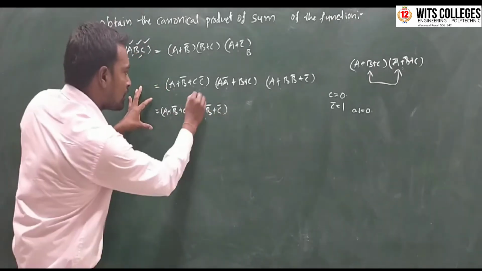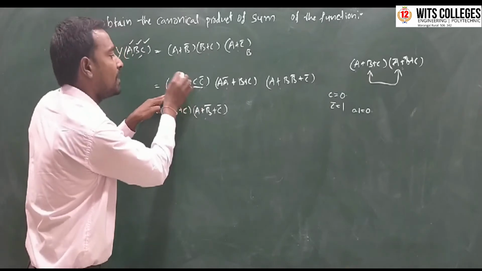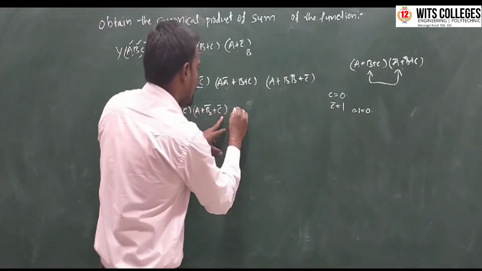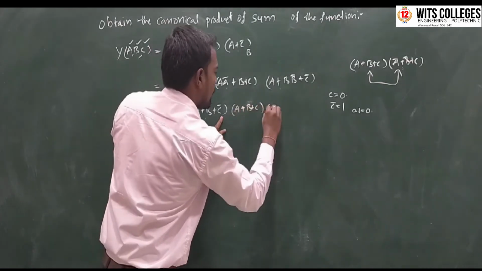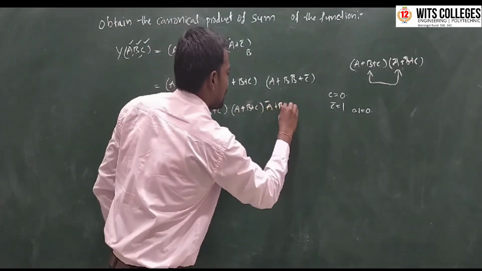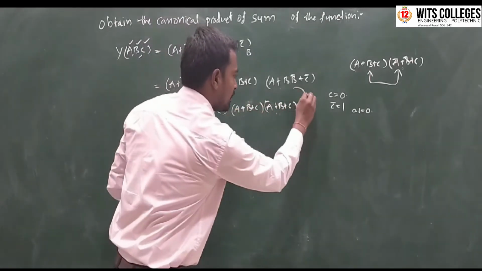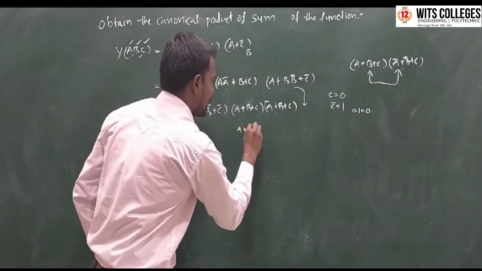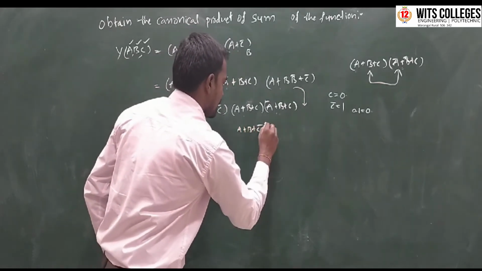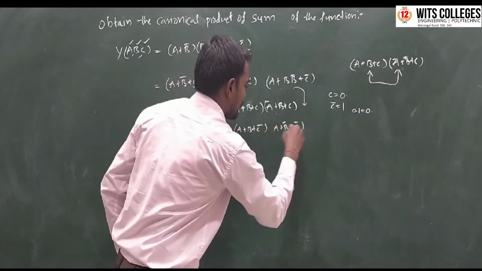This term can be added as two terms, and here we will get A plus B plus C into A bar plus B plus C. Coming to this one, we can write as A plus B plus C bar into A plus B bar plus C bar.